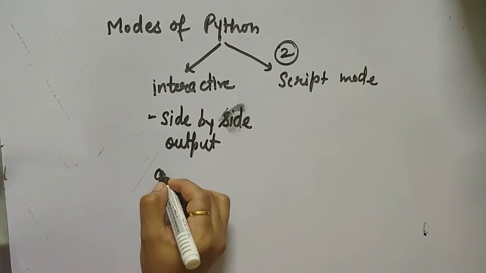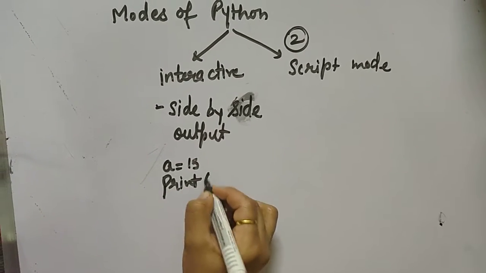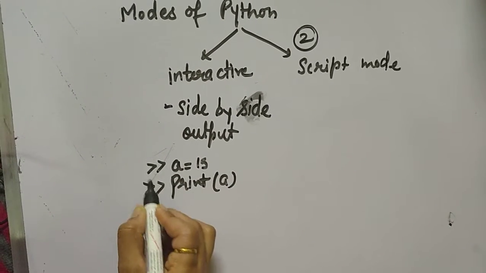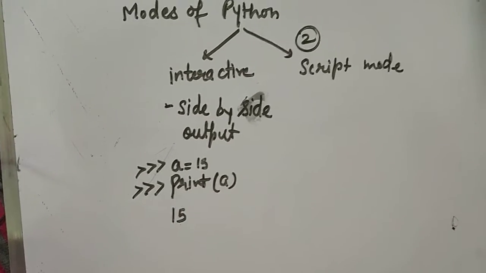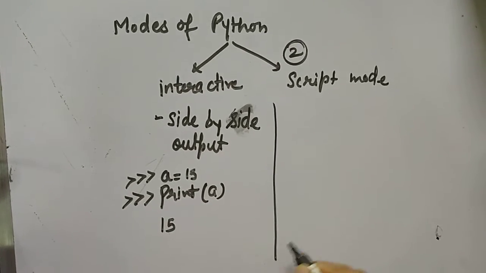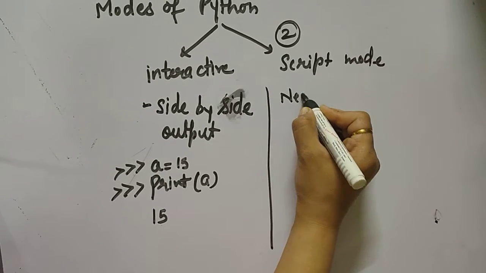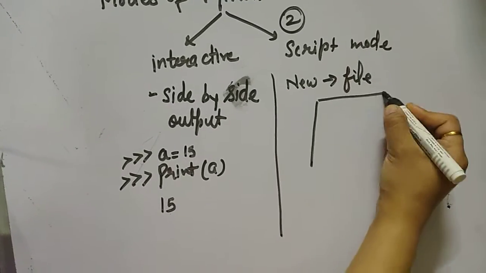For example, I will write a is equal to 15 and I will write print a. This is the command prompt for Python. Now it will give me the result 15. But if I need to write script code, I need to go to new file, and a new page will open.